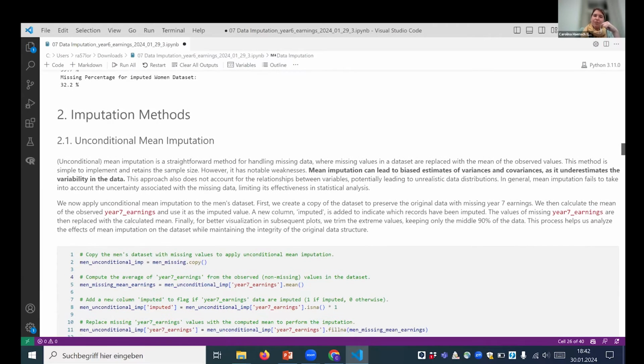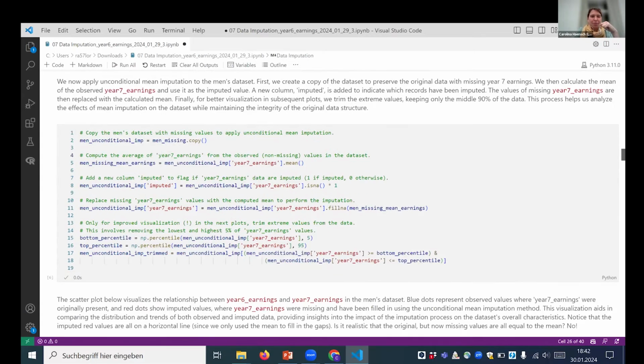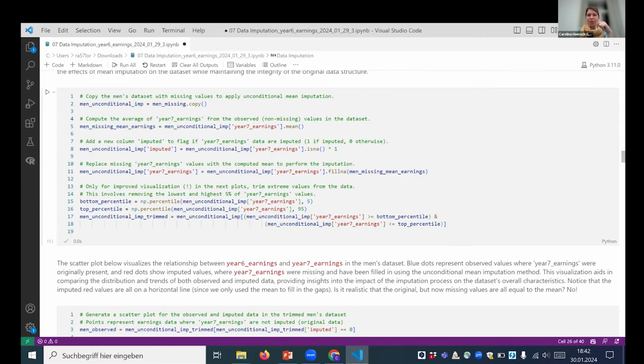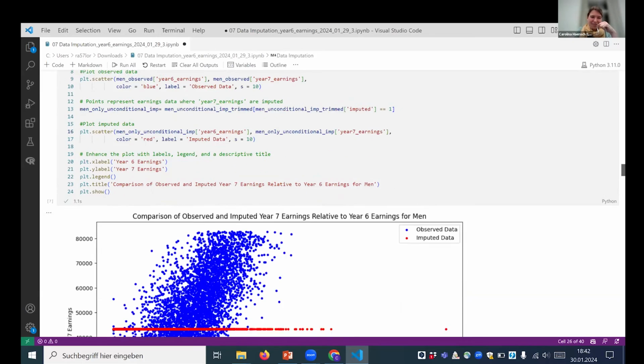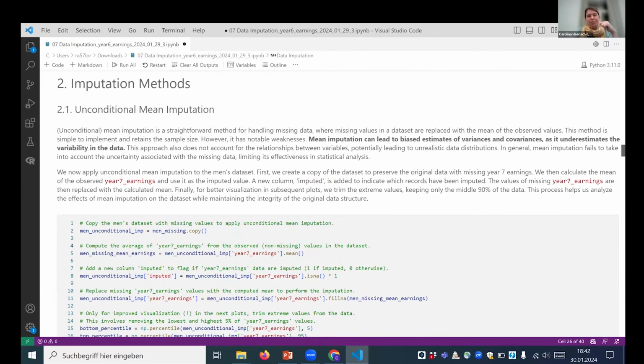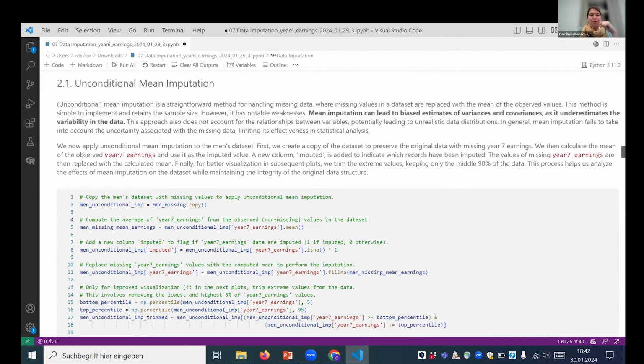So we did this preparation to just show you the imputation methods a little bit. And there's a lot of code, which we will not go through here. But what is important is that we will first try the first approach that I mentioned, the unconditional mean imputation.